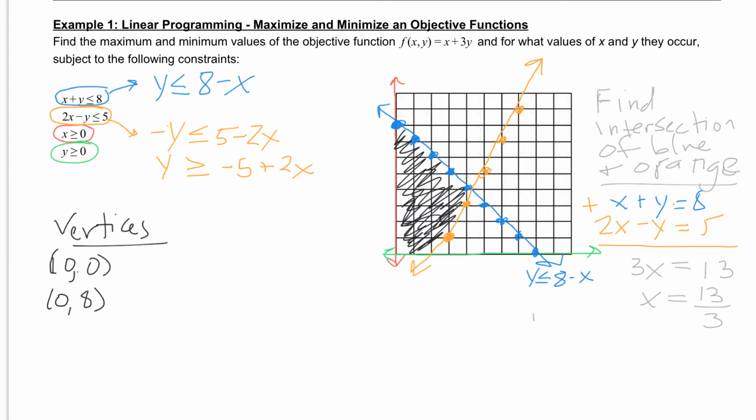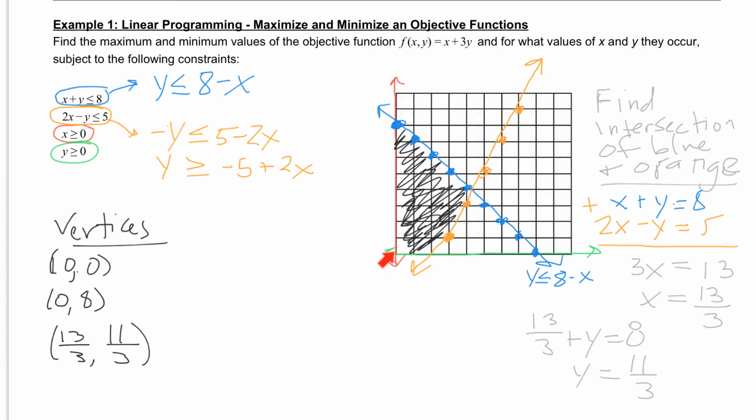So I know that 13 over 3 plus y has to equal 8. And if I subtract 13 over 3 from both sides, I get y to be 11 over 3. Don't use the decimal here as that's an approximation. You're going to have to use the fraction. So then I have my other vertex. That intersection point is 13 over 3, comma 11 over 3.